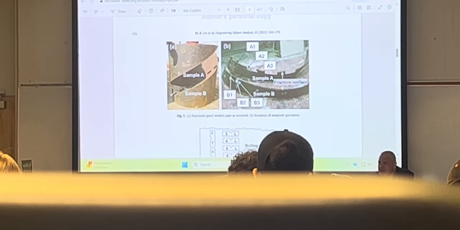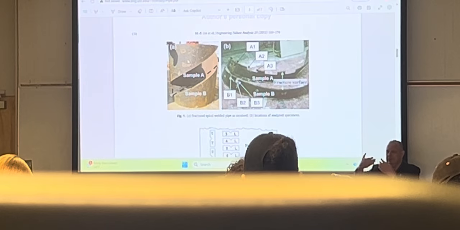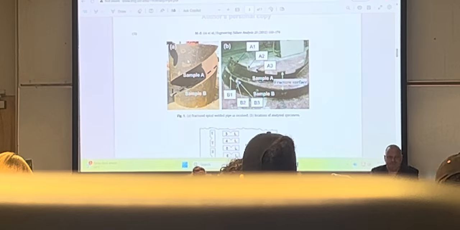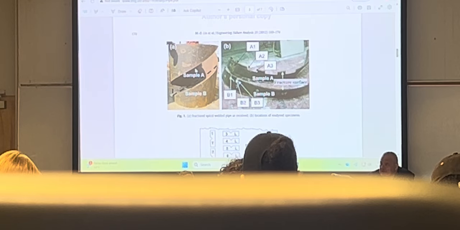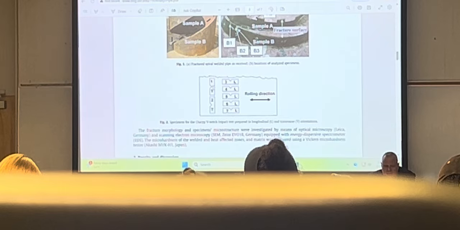This was a spiral welded pipe. So they took this piece of metal, they bent it, and the weld goes around the spiral. And this pipe failed. It was transporting oil long distance. It was underground. You can see it corroded some. And what we've done here, this is the rolling direction.